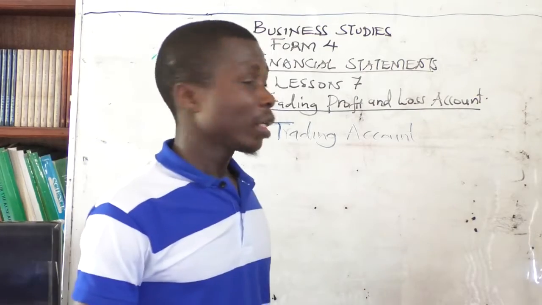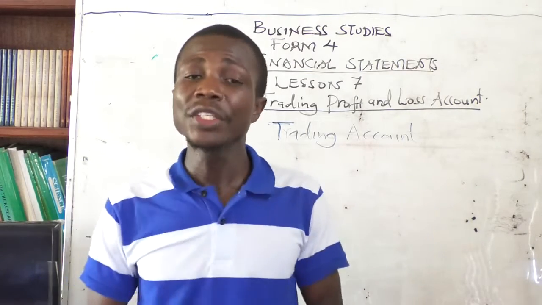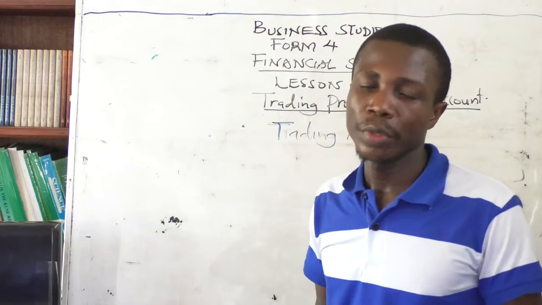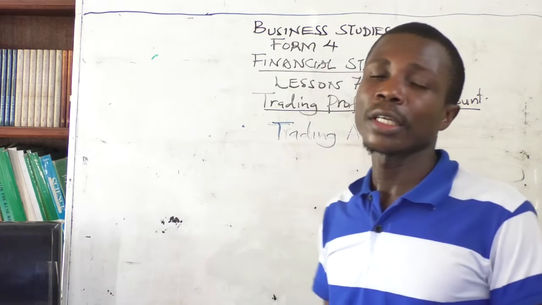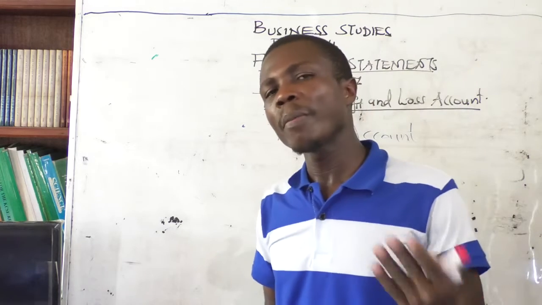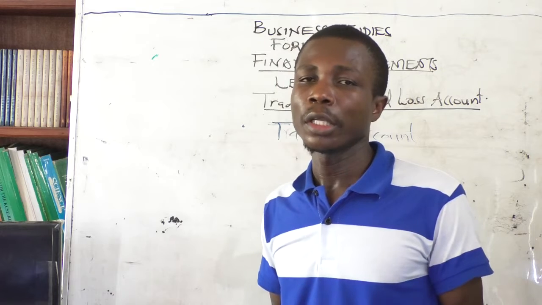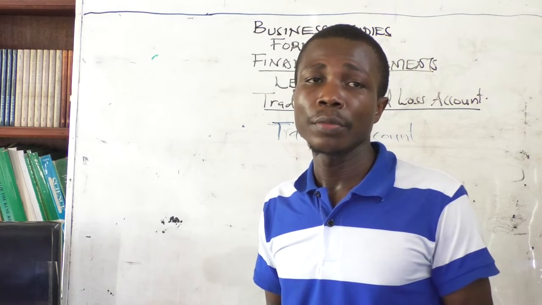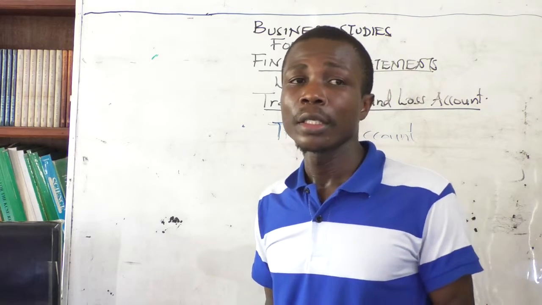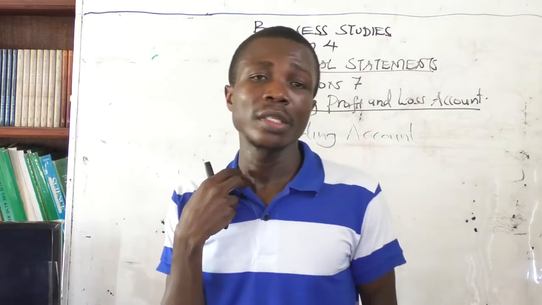So when you talk about trading account, there are some entries that ought to be there, starting with the stock that you have started with and the purchases that you've made. Let's say you are a businesswoman or a businessman, and you want to do a business but you had some stock.